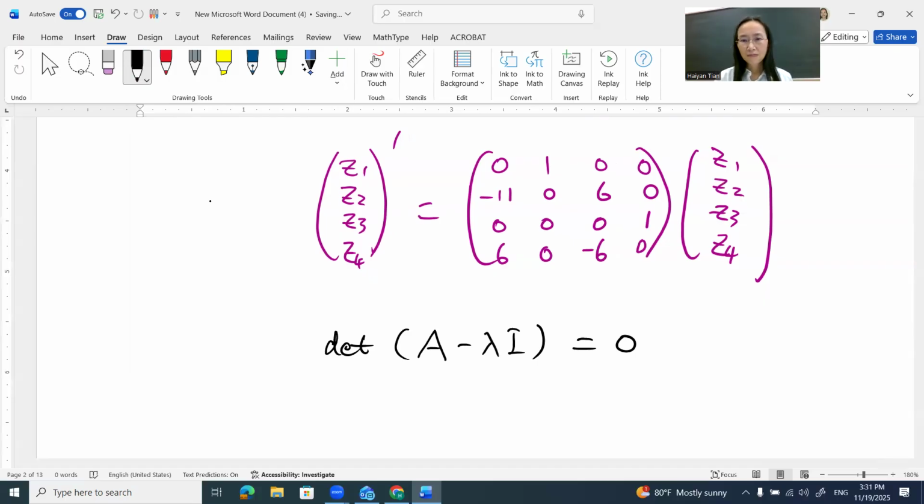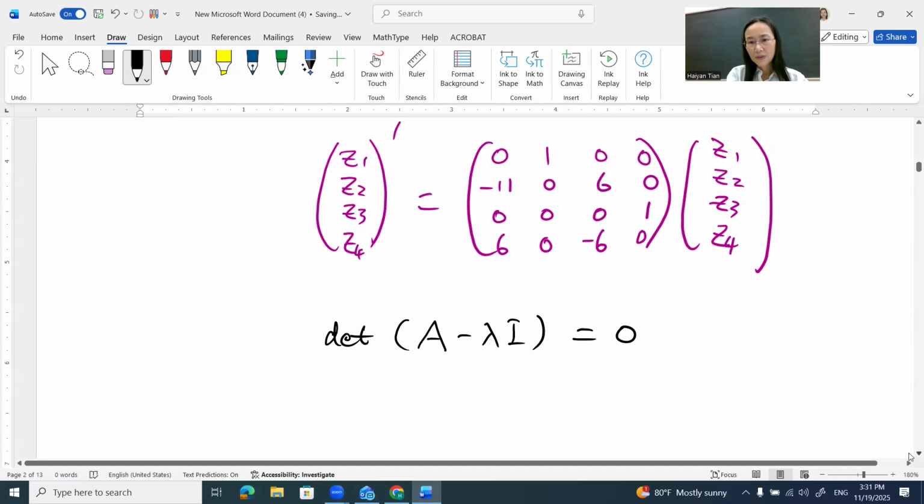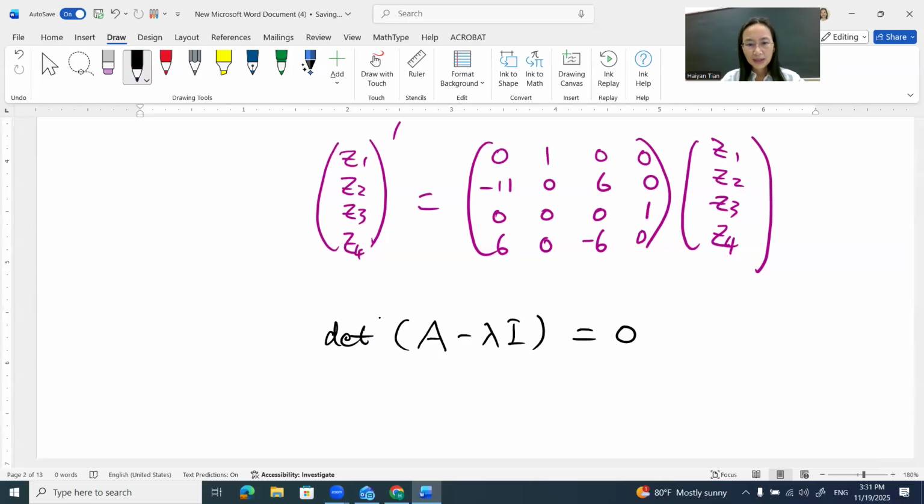We just solve the system to find eigenvalues. Then we will find the corresponding eigenvectors. So A minus lambda I, if we see the above A, only the diagonal entries are replaced, each diagonal entry minus lambda.